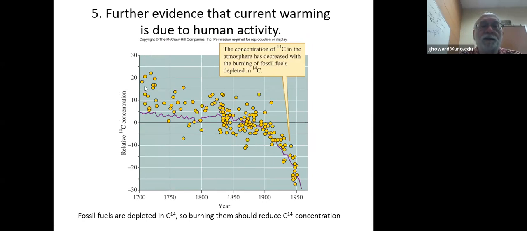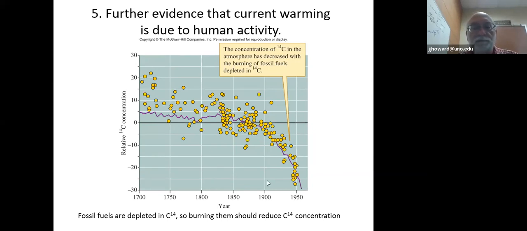This is higher concentrations of C14 relative to C12. This is lower concentrations. So when you have this, there's a lot of C14 out there and not as much C12. When you have this drop, it means that C12 is increasing and diluting the amount of C14.